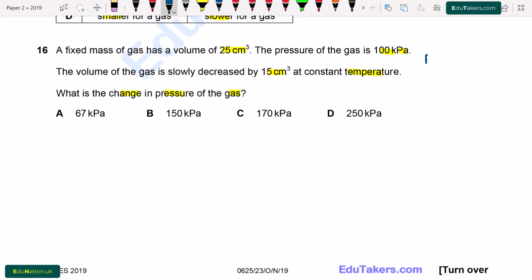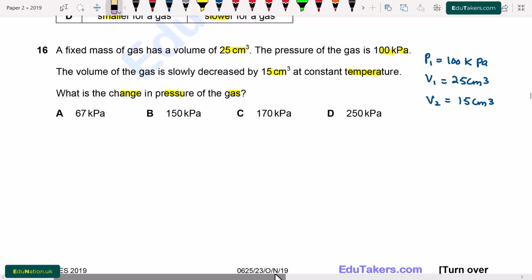So first of all, pressure P1 is 1000 kilopascal and volume V1 is the original volume, 25 centimeter cube. The second volume, after the decrease, is 15 centimeter cube. First of all, we have to find out the pressure P2 in order to calculate the change in pressure.